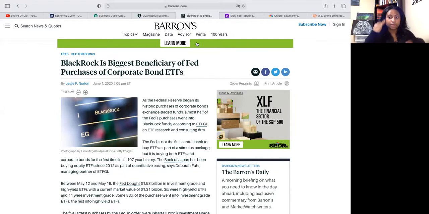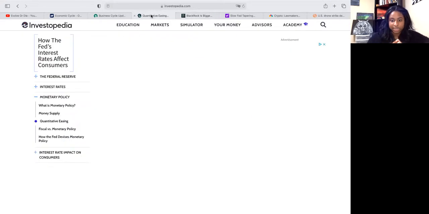So again, like we discussed, these policies and these interactions that the Federal Reserve is having with different hedge funds and asset management companies, these are forms of quantitative easing.